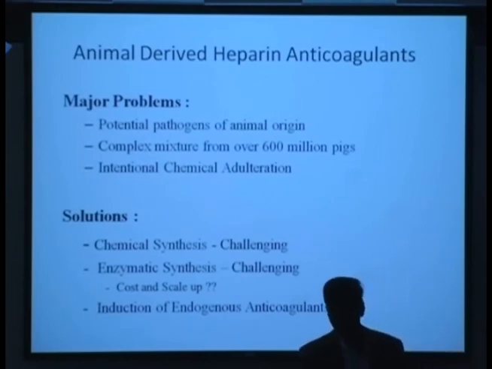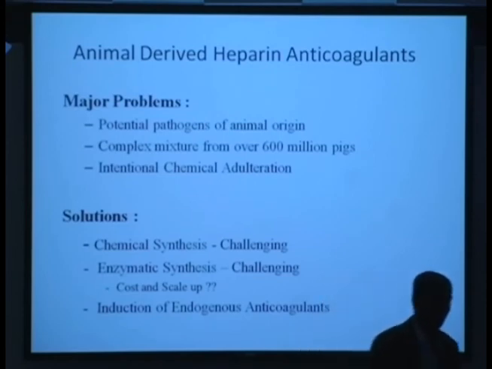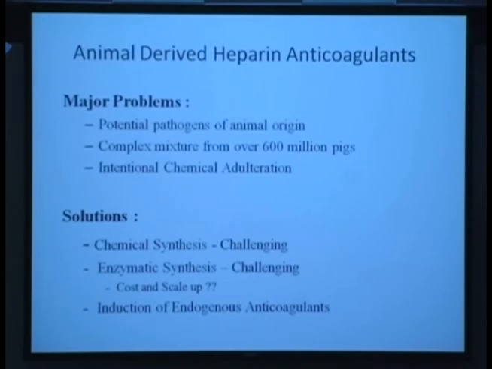Then the problem is that in the US, a lot of people eat beef, so we can get a lot of material from intestines and bovine lung in particular. And the cow is big, so you can get a lot of heparin, no problem.